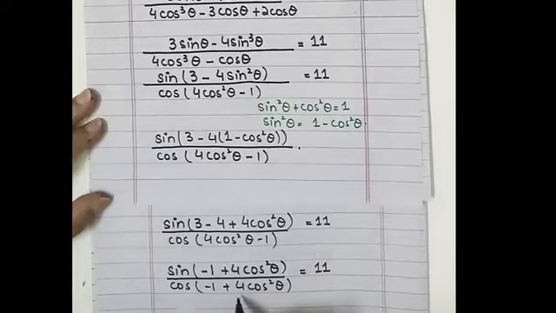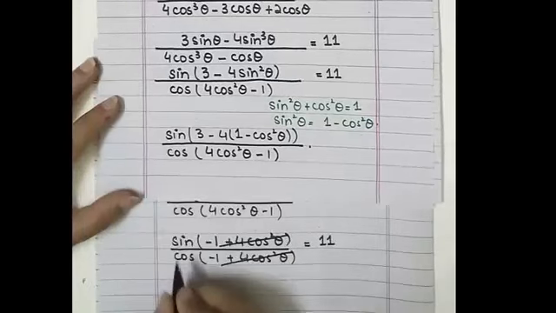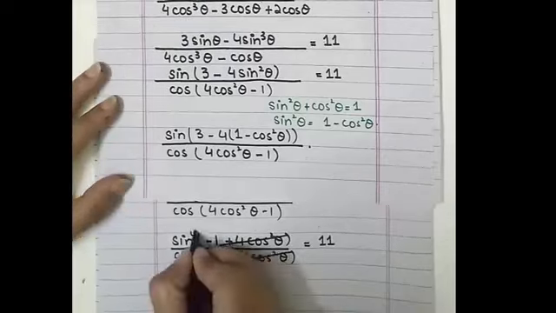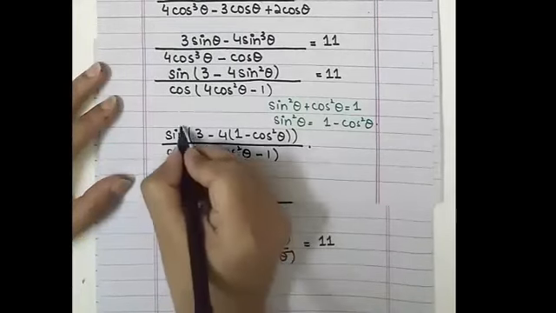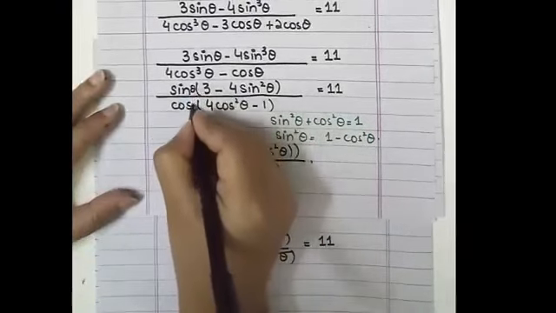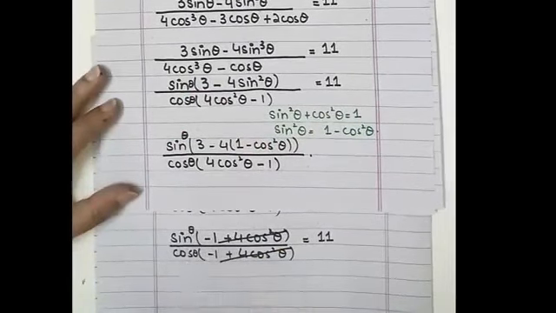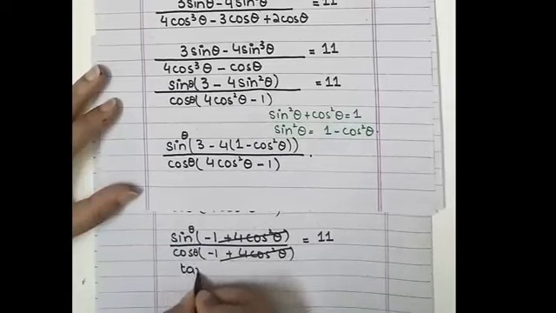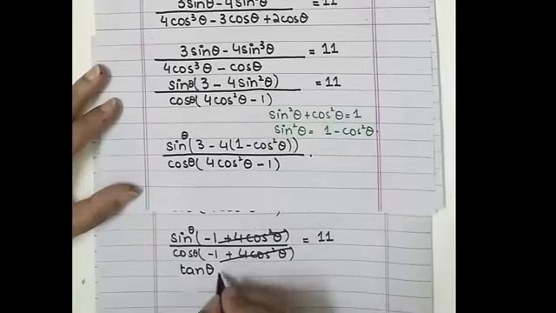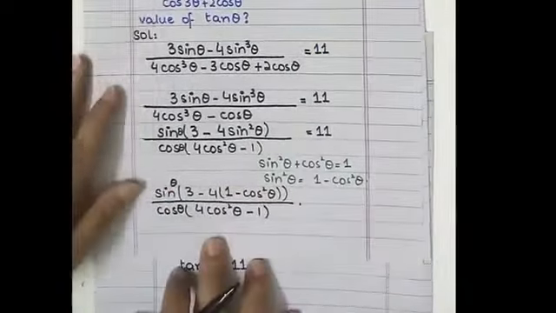These two expressions are the same and will be cancelled out. We have sine theta over cos theta, which is equal to tan theta, and this is equal to 11. So the value of tan theta is equal to 11.